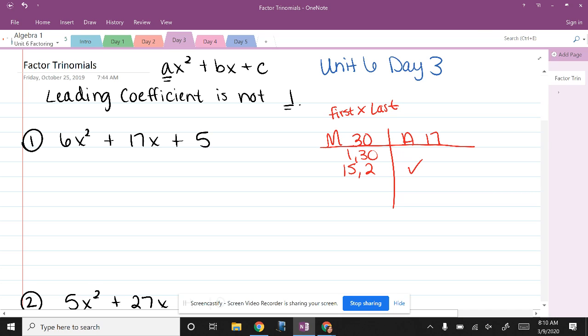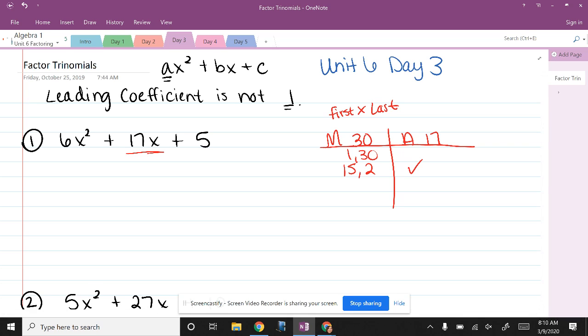Okay. Now, after you do your table, we're not going straight from table to a binomial. We've got to do a little bit more work today. What we're going to do with our table is take these two numbers and change the middle number to those two numbers. So we're basically splitting the middle term. We're going to change 17x to 15x plus 2x.